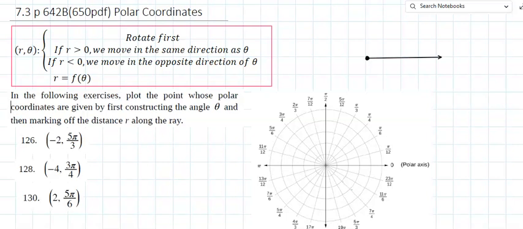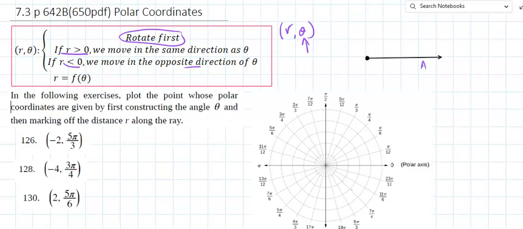Remember, if you're dealing with a coordinate point, instead of x and y, it's always r and theta, in which we rotate first. If r is positive, you move in the direction of theta. If r is negative, you move in the opposite direction. What does that mean?